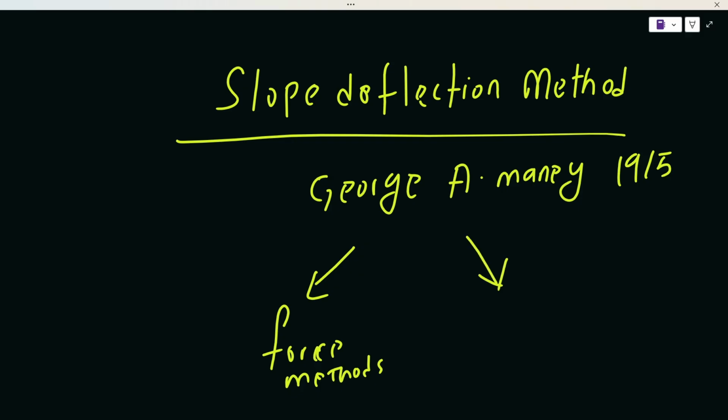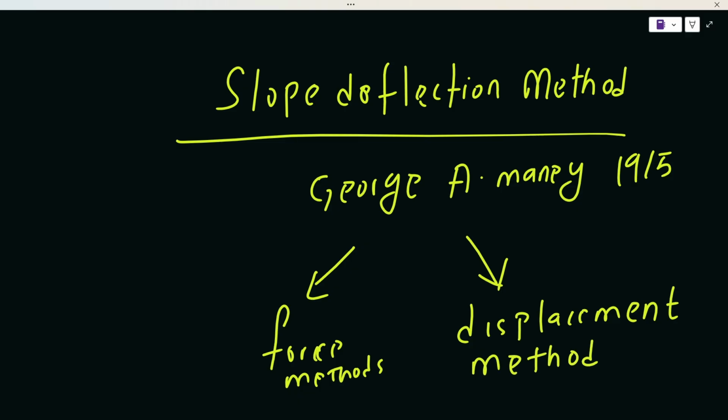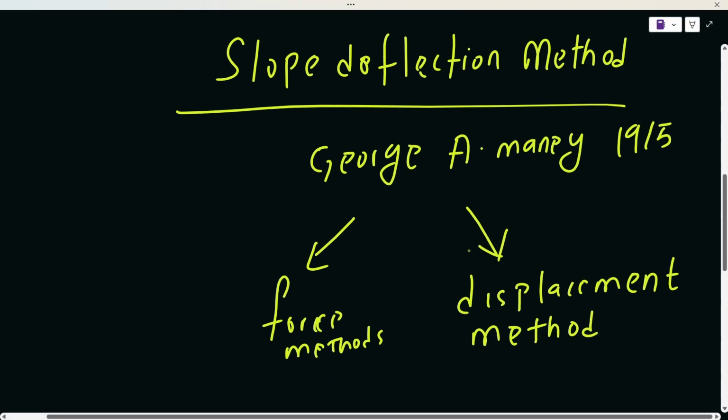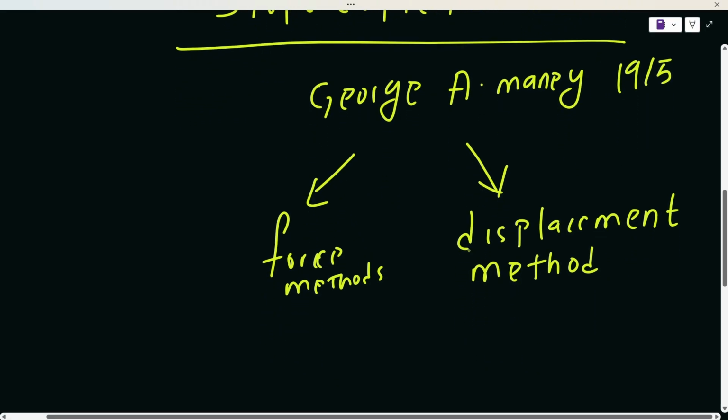We can also solve them using the displacement method. I'm also learning, so these are the two I know for now.